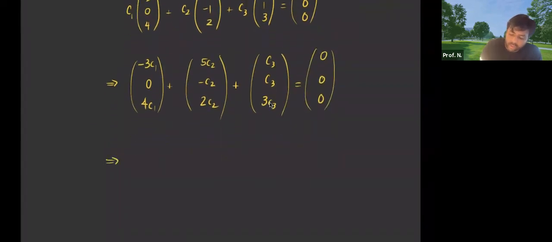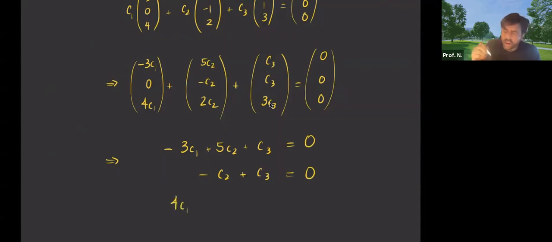And then what happens? I add everything component-wise, and I get a system of equations, a homogeneous system of equations. This is a homogeneous system.